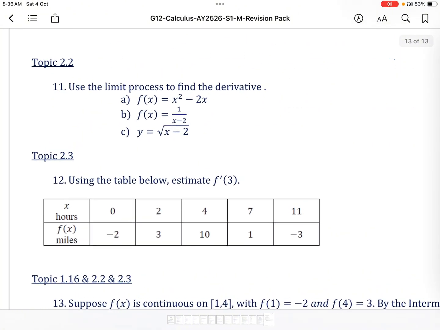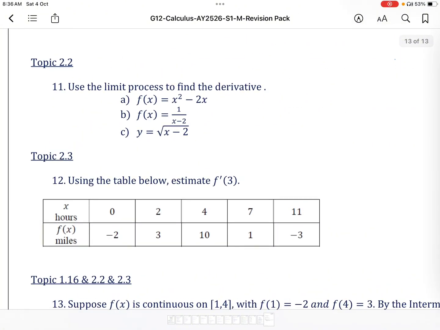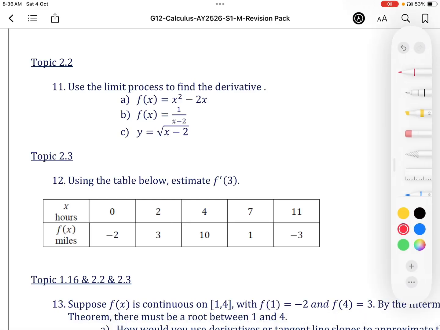So let's start with number 11. The limit process, or the definition of the limit, is limit when h approaches 0, f of x plus h minus f of x divided by h. So part A, the f of x plus h, we plug in x plus h.